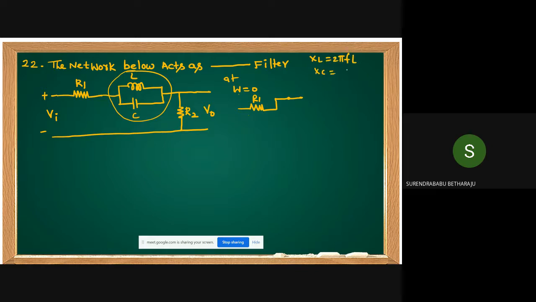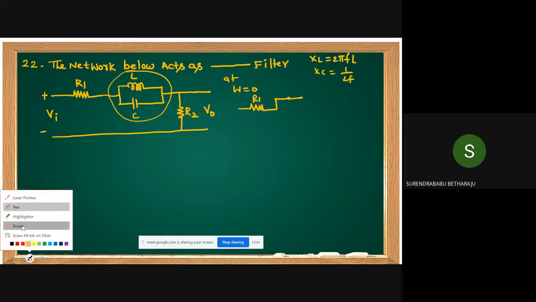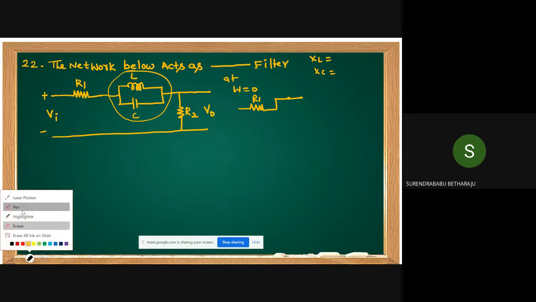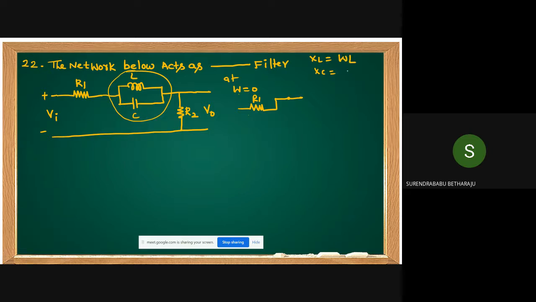XC equals 1 by 2 pi FC, with frequency 0. Or you can write XL equals omega L and XC equals 1 by omega C. Omega equal to 0 means the capacitor has XC infinity, it is an open circuit. This is the equivalent.